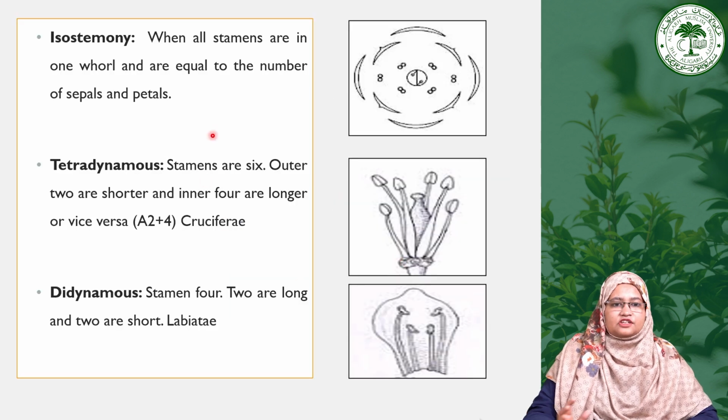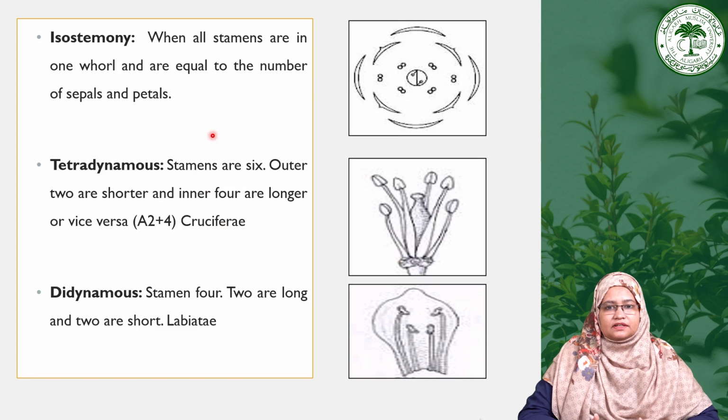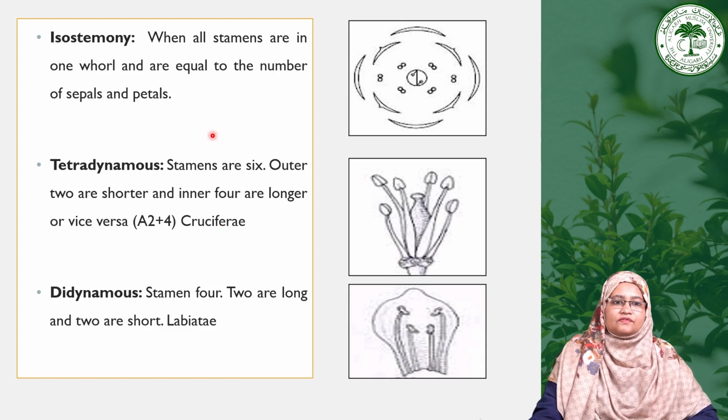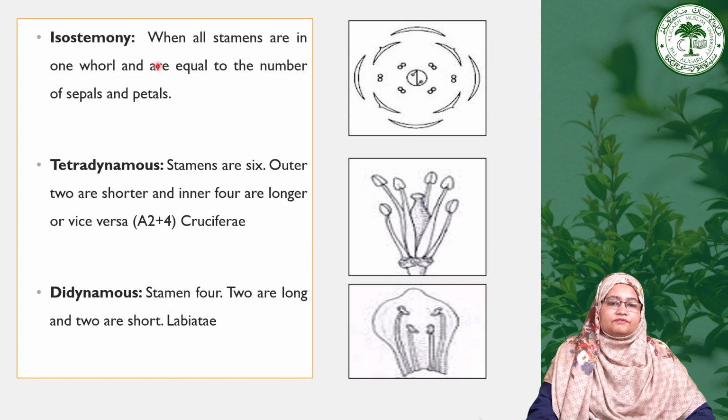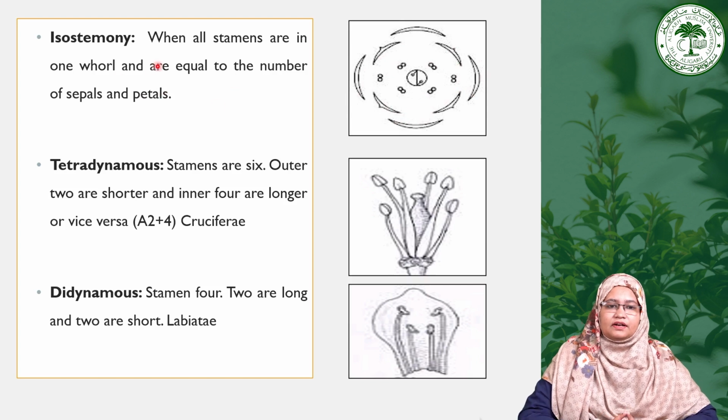Then stamens have further arrangements. They may have different types of arrangement, like in case of isomery, when all the stamens are equal in number to the sepals or petals. Isostemony, in which all the stamens are in one whorl and are equal to the number of sepals and petals, is called isostemony.